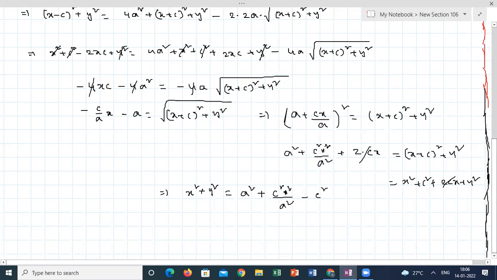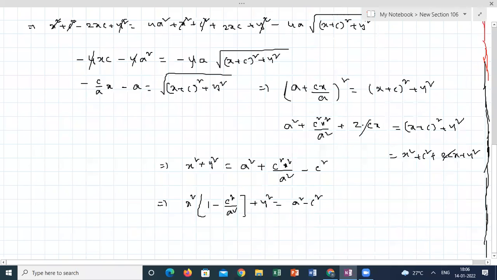We can bring it into normal form. Taking the LCM, x square into (a square minus c square) plus a square y square is equal to a square into (a square minus c square).